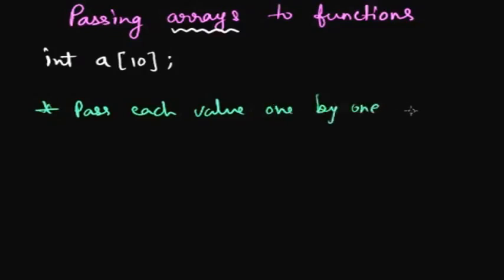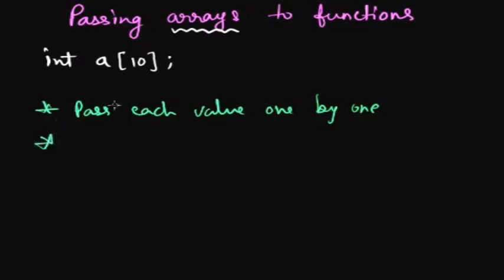So we can run a loop which will run 10 times, and we can pass the elements, the values of the array, one by one. So the function call would be made 10 times.